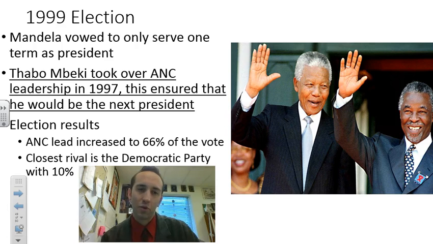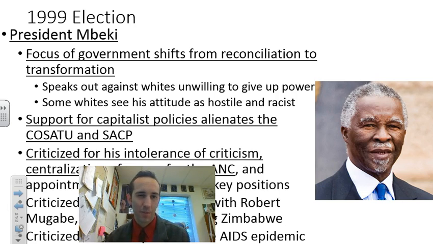Thabo Mbeki took over ANC leadership in 1997, and this ensured that he's going to be the next president because he's the party leader. As far as the election results, the ANC leads, and their lead increases to 66% of the vote. The closest rival is the Democratic Party with only 10% of the vote. As far as Mbeki and how good of a job he did, debatable.